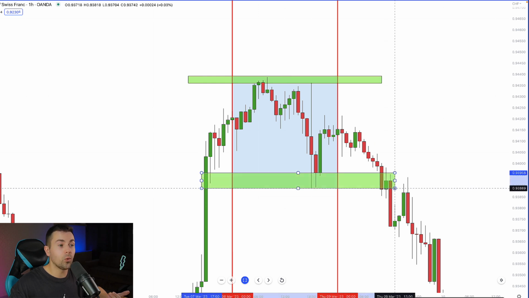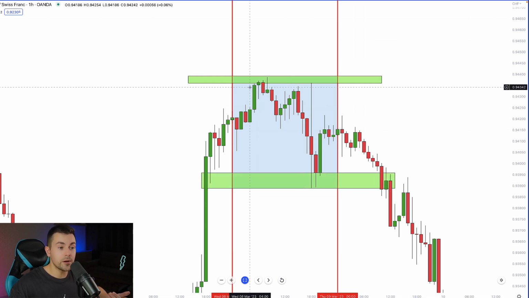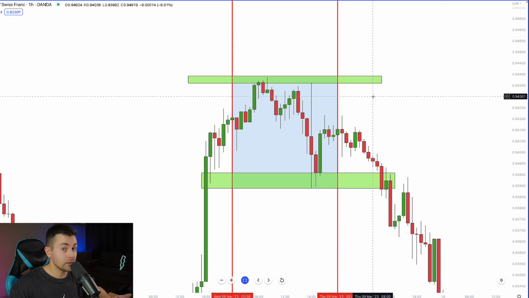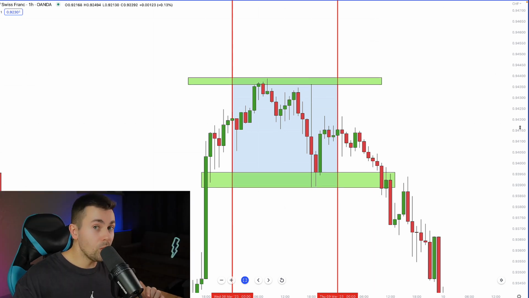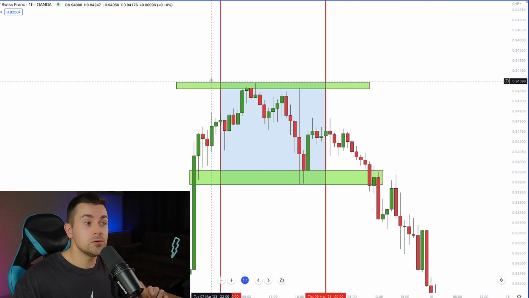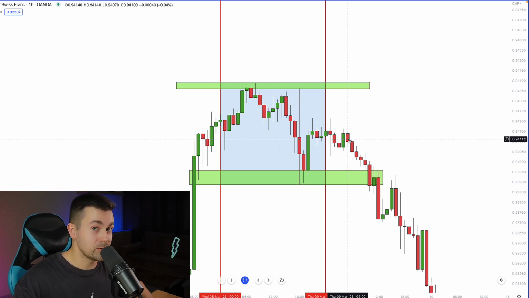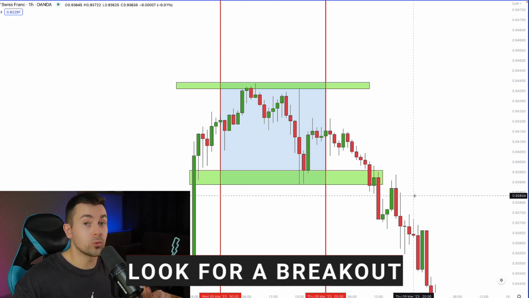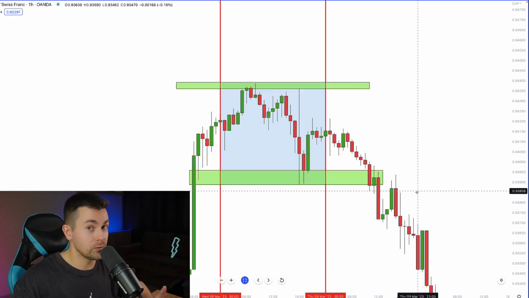We formed a horizontal range and the price was perfectly respecting its boundaries. In order to properly trade the doji candle, you should monitor that exact range, and you should look for a breakout of one of its boundaries.